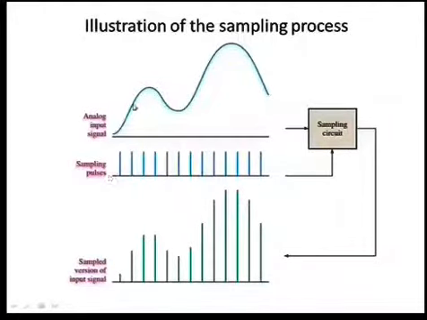Here you can compare these two waveforms: this is the original analog input signal and this is the sampled version of the input signal. So you can compare the amplitude.